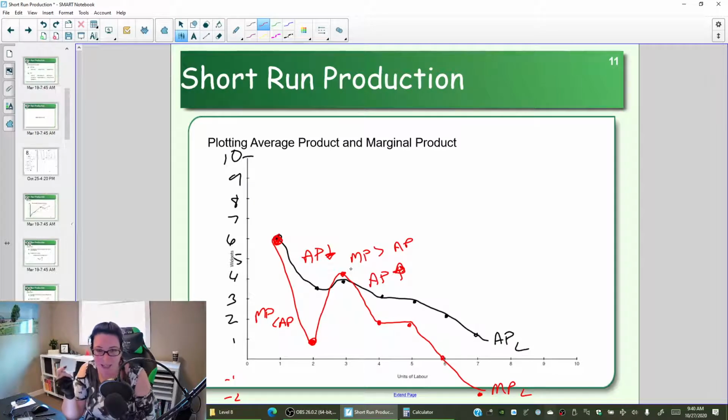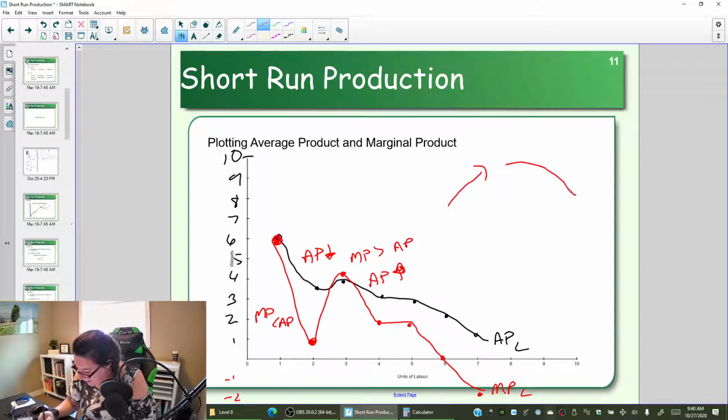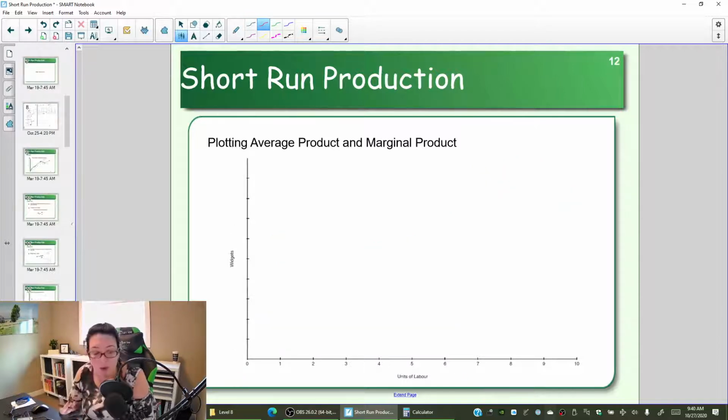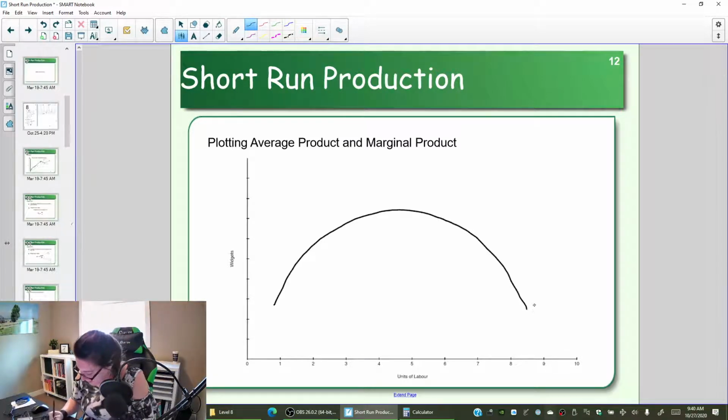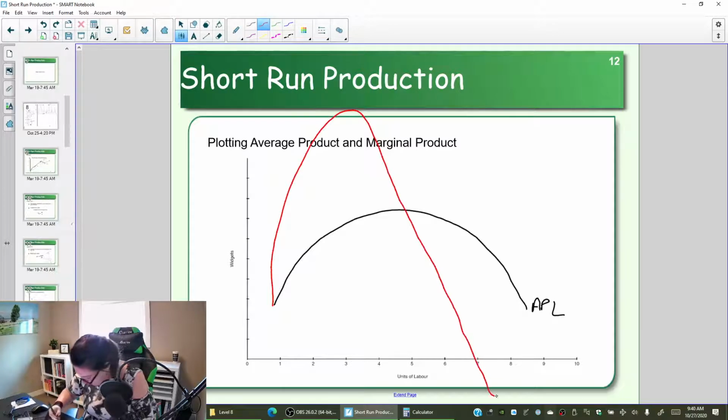So we want to dig into this shape in a little bit more detail by understanding what could cause the marginal product of labor to go up and what could cause the marginal product of labor to go down. So when we look at the theoretical graphs for average product and marginal product, average product tends to have this shape here. And marginal product will have this shape.